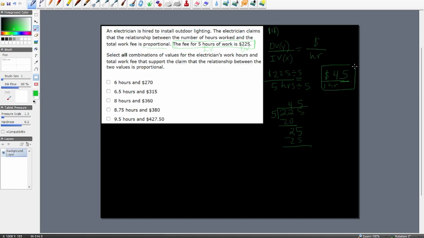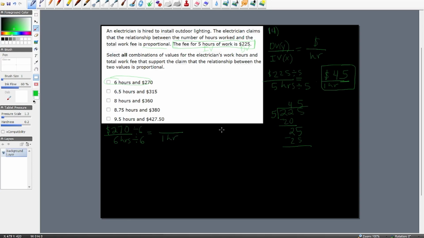So we want to find which of these also has a unit rate of $45 per hour. Let's try this one first: $270 for 6 hours. Let's scale this down to find that unit rate. Divided by 6, by 6, to get 1.